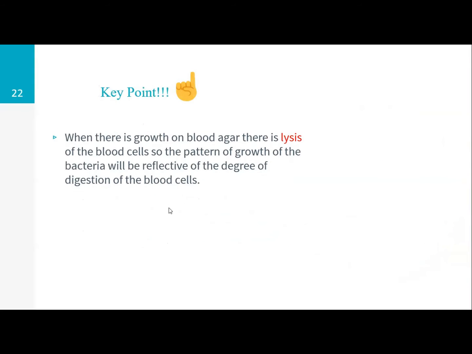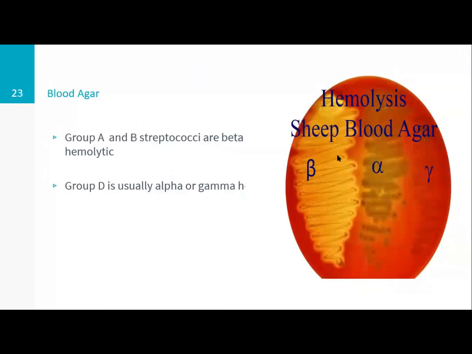So as I mentioned before, you actually get lysis of the blood when these organisms start to grow there. And based on the lysis, you will subsequently have different patterns of the hemolytic process occurring. So for beta hemolysis, B, just remember guys, B means beta. That's how I remember it at least, and perhaps most of us.